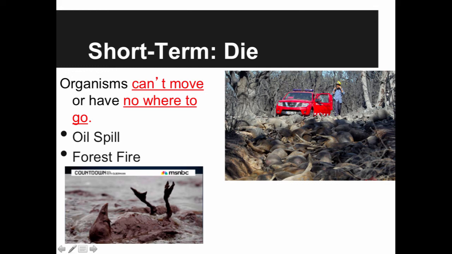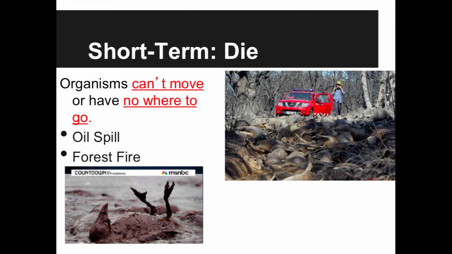They actually were trapped and surrounded by flames from all angles, and they suffocated from the smoke. And rescuers later found the pile of bodies, they weren't even burned, but they died from the smoke inhalation. So if they were not able to move, they died. Over here is a picture of a bird that didn't make it in an oil spill.